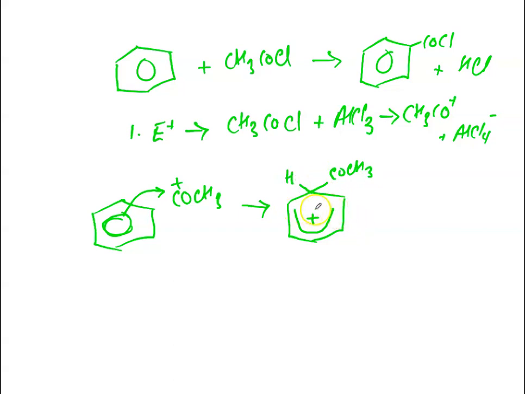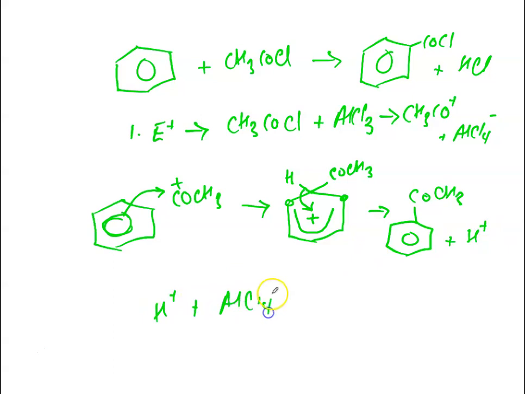Please note this horseshoe horn should not go beyond these two carbons here. Then an arrow from the hydrogen bond breaks, and there's your product and H+. This H+ can react with AlCl4- to regenerate your catalyst.